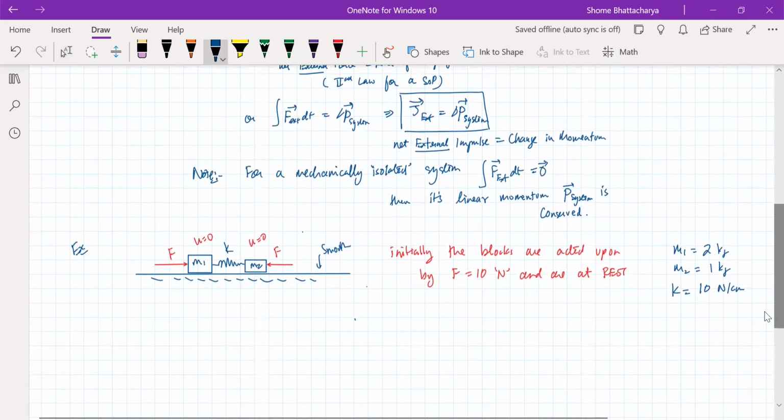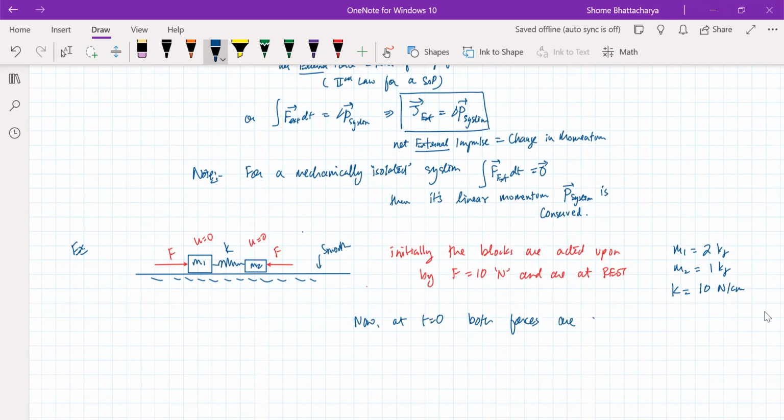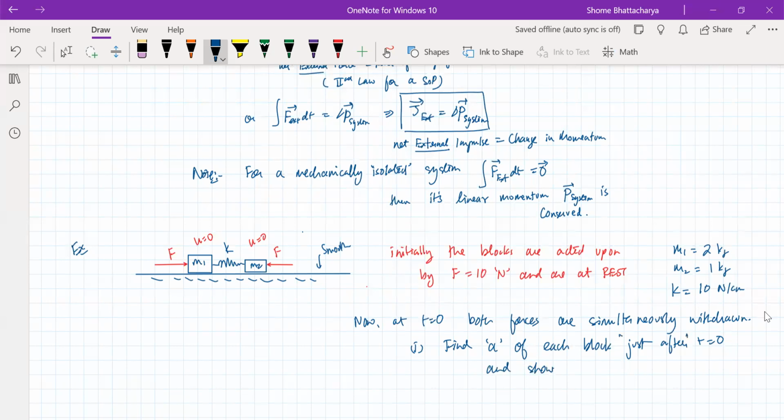So now at t equal to 0, let's say, both forces are simultaneously removed or withdrawn. First of all, find the accelerations of each block just after t equal to 0, just after the forces are withdrawn, and show that the acceleration of the center of mass is 0.